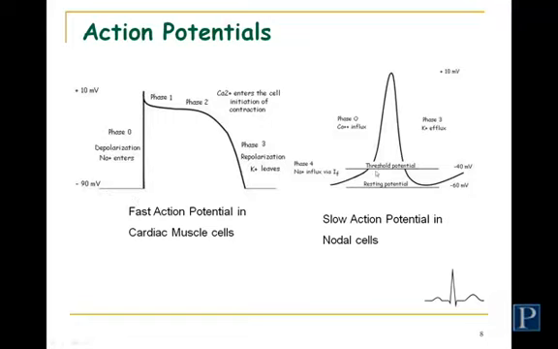Well, in these nodal cells, the resting potential is about minus 60 or minus 55 millivolts. So it's not as negative as you see in the muscle cells. And there is a reason why. These cells are leakier to sodium.